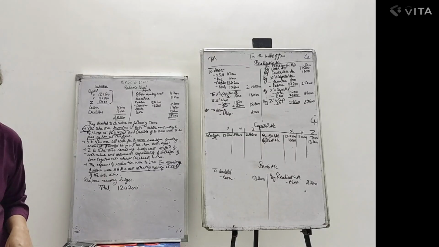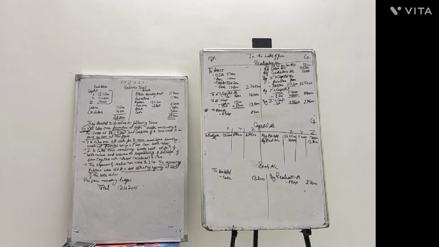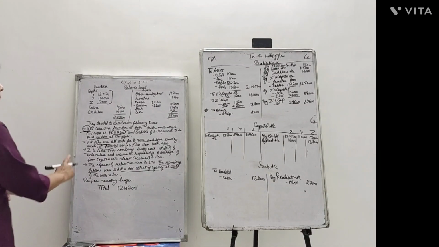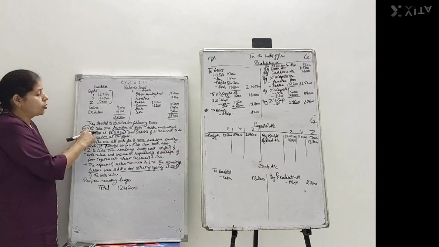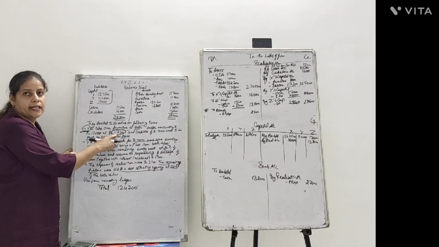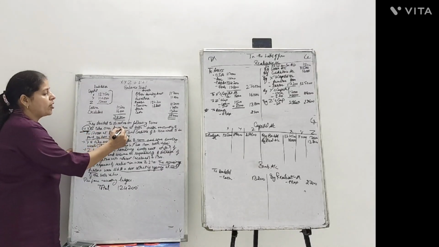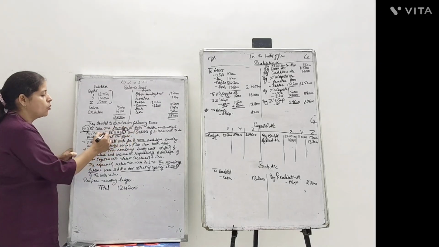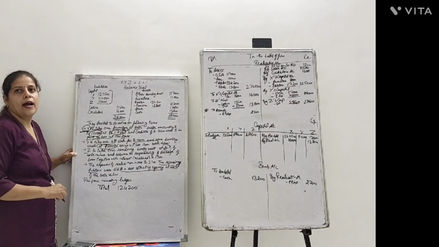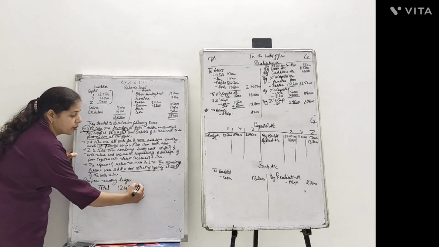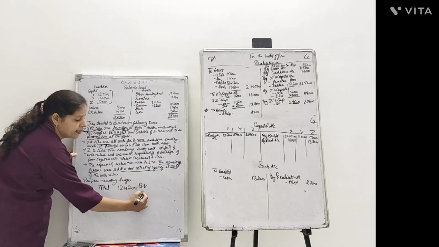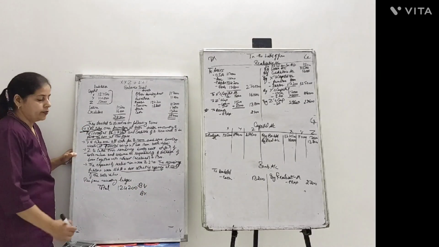How much valuation of debtors is taken up by X? X took over at 1,17,200. This was the realizable value. What is the book value? 1,20,000.